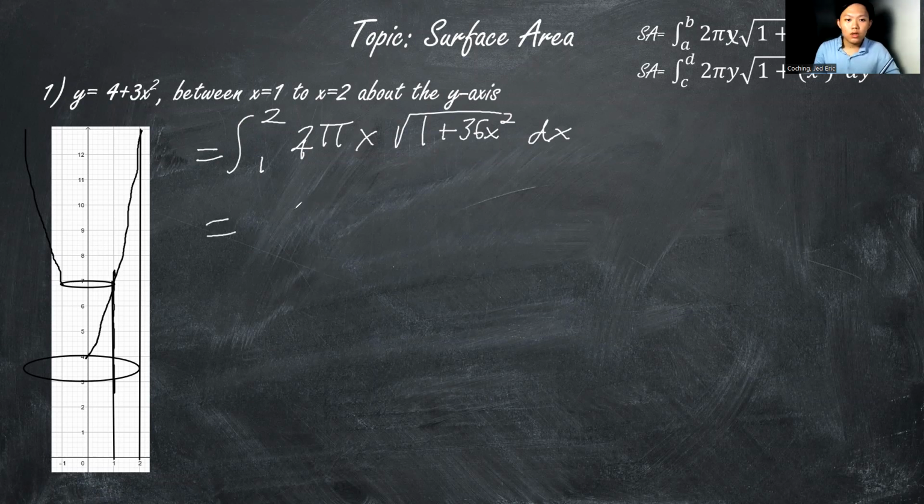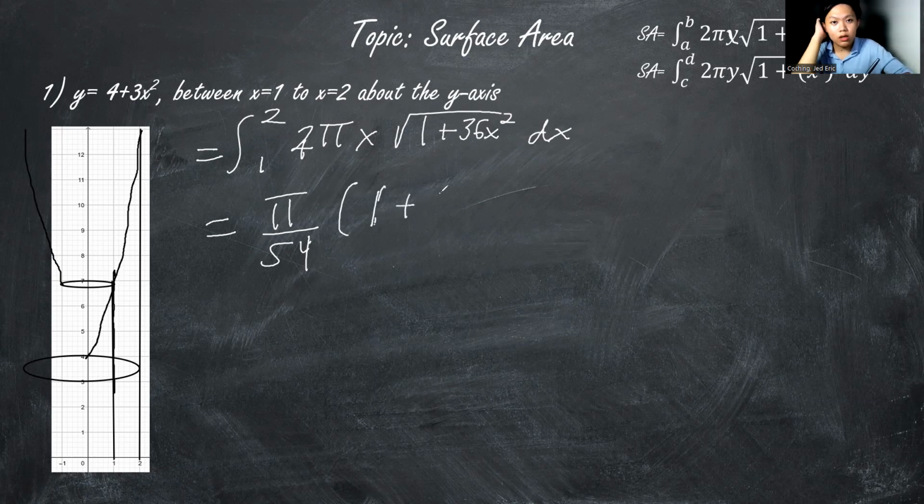So if we integrate this, it's going to become pi over 54 times 1 plus 36x squared raised to 3 over 2, from 2 to 1. And now we can solve for this.